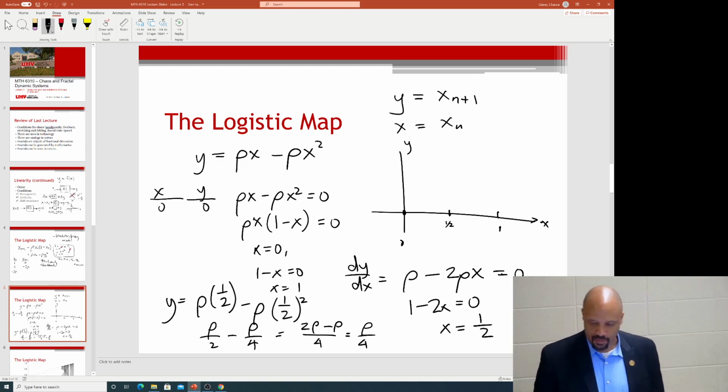So we know that the peak is at this value, and for whatever rho is, we know that it's the peak.